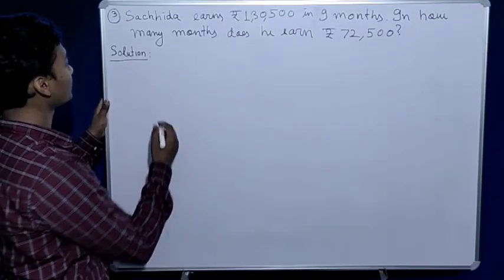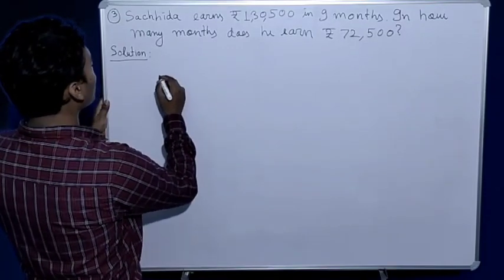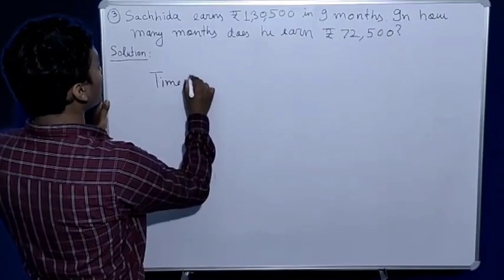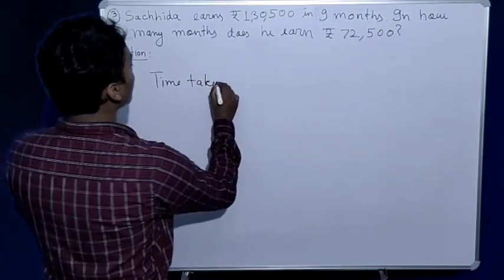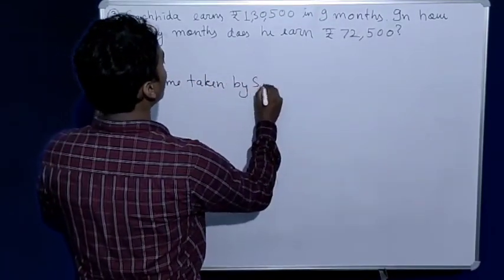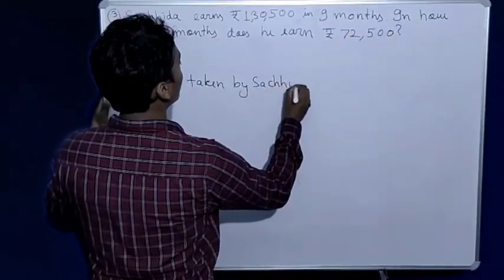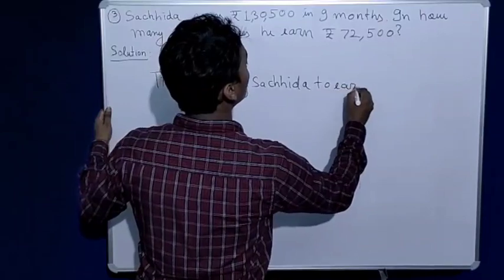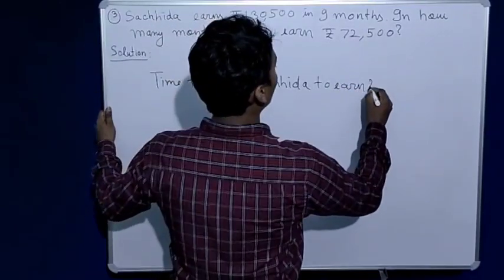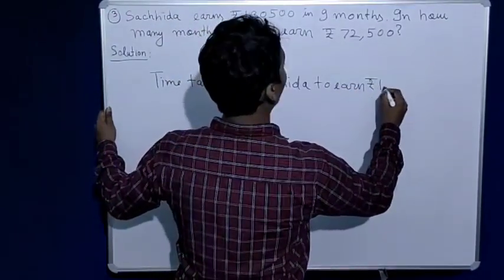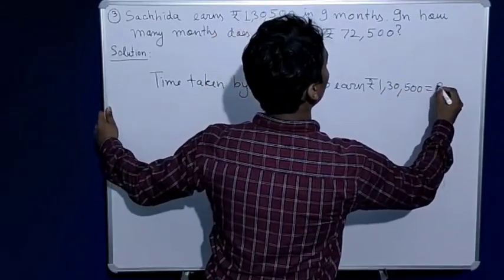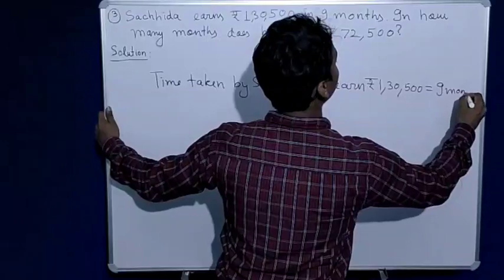Let's do it. So time taken by Sachida to earn rupees 1,30,500 is equal to 9 months.